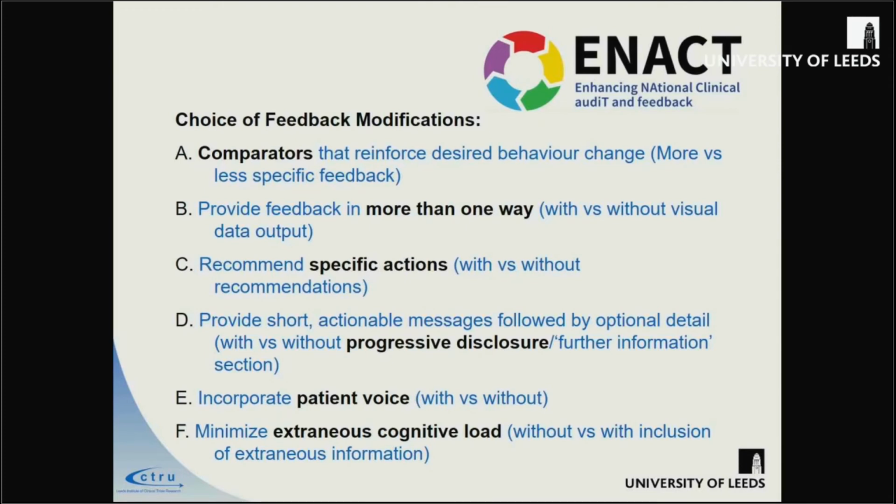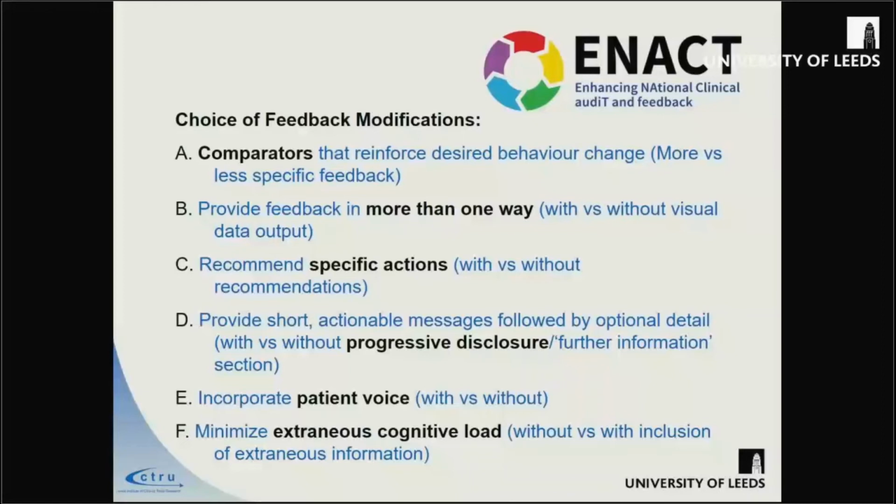So one of the considerations we had here was which of our modifications we should choose. We had a variety of different things on offer, and there was a discussion about trying to find the ones that we were interested in testing, but also felt might have an effect of their own.